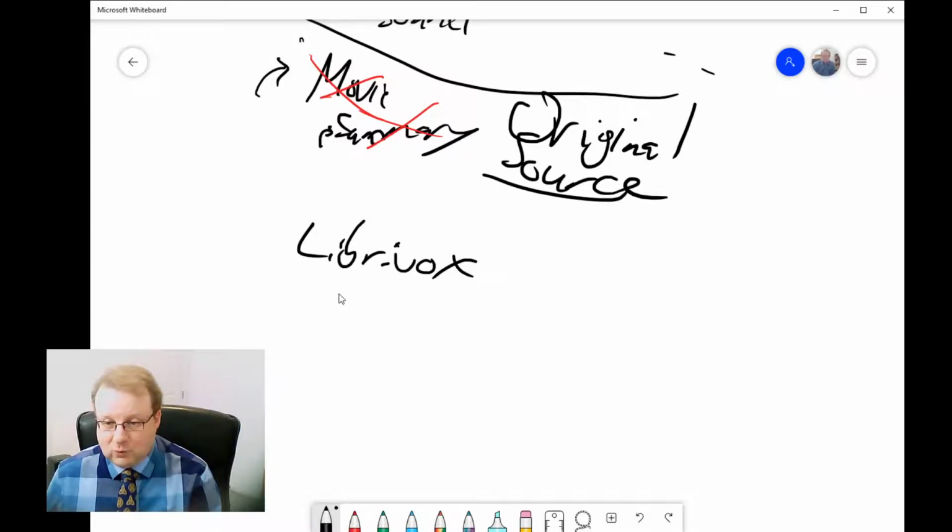LibriVox does require that its readers adhere strictly to the text with zero deviations whatsoever. They will make you re-record it if you stumble or change anything. It won't be uploaded unless their beta listeners have listened, compared, and said, yeah, this is good, this is accurate.